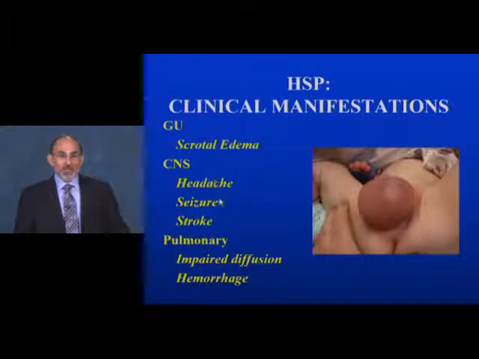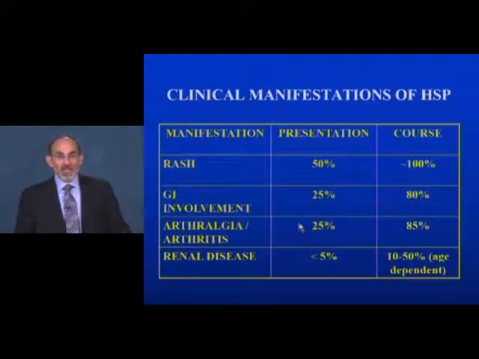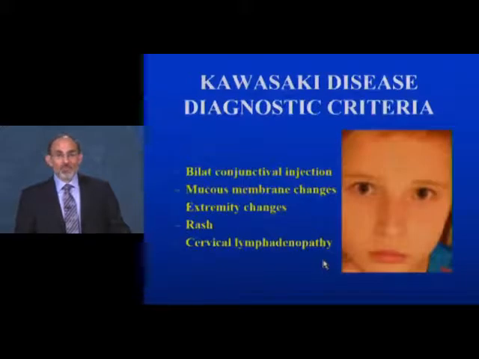There may be CNS involvement, including seizures and strokes and headache, and pulmonary involvement, but usually these are less important than the classic clinical manifestations, which are rash, GI involvement, and arthritis and arthralgia. And then, although not as common and not as severe usually in children, but more severe in adults, the kidneys are the determinant of long-term prognosis.